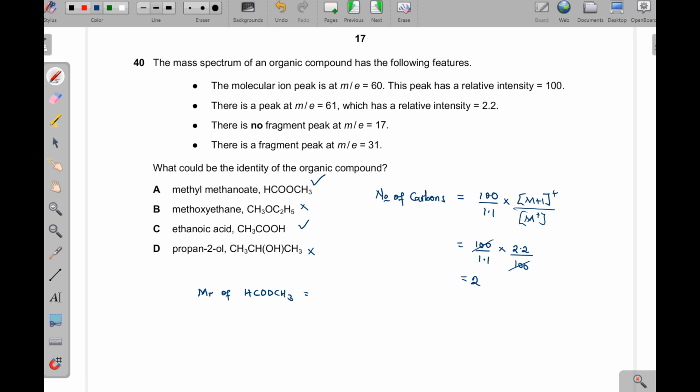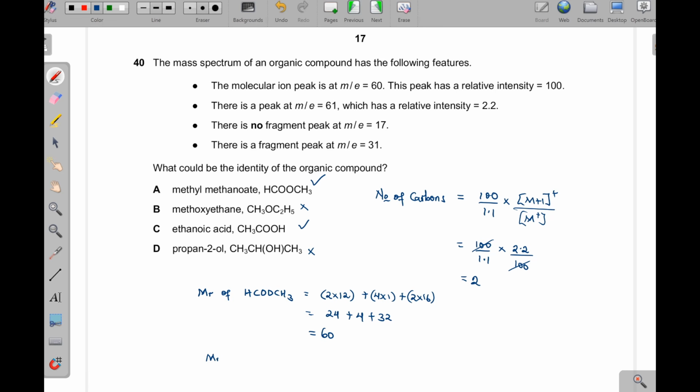This one is going to give us how many carbons? There are 2 times 12. Then hydrogens, how many are they? They are 4 times 1. And then oxygens are 2, then times 16. This one will give us 24, then plus the 4, and then plus the 32. So this one will give us 36. 36 plus the 24 gives us 60.